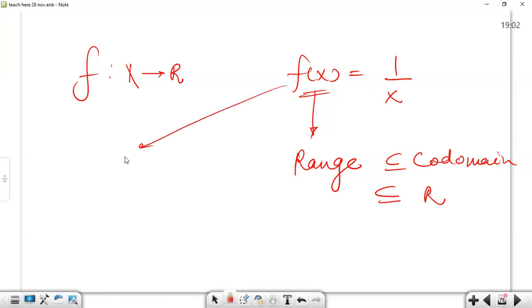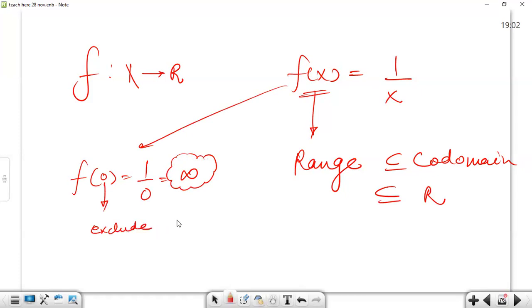But if we take x as 0, then 1 by 0 is infinity, which is not a real number. Okay, this is not defined. That's why it's not a real number. So for that case, we are going to exclude 0 from the domain. And for all other values of x, the function is defined. There is no contradiction as such.